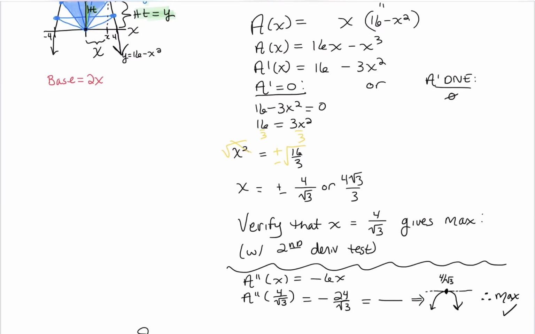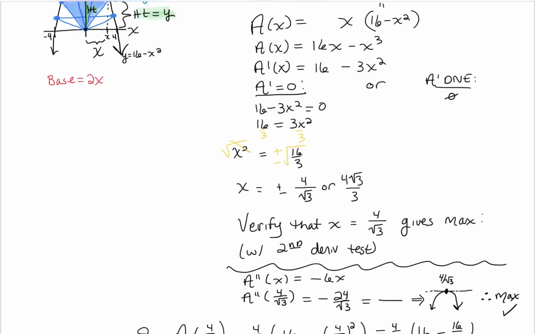Okay, so A of 4 over square root of 3 would be this 4 over square root of 3 times 16 minus the 4 over square root of 3, quantity squared. And so we would have 16 minus 16 thirds if we square the numerator and the denominator there.